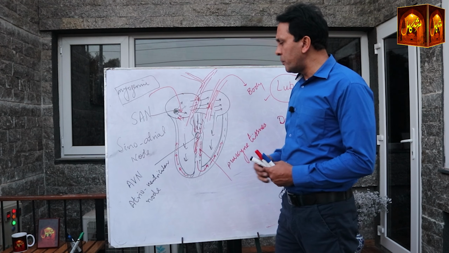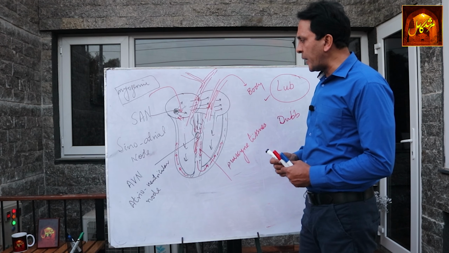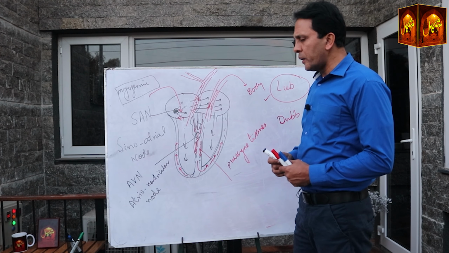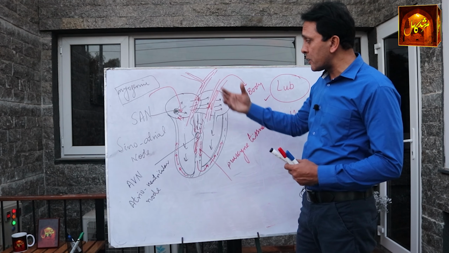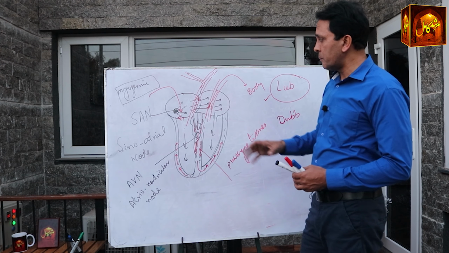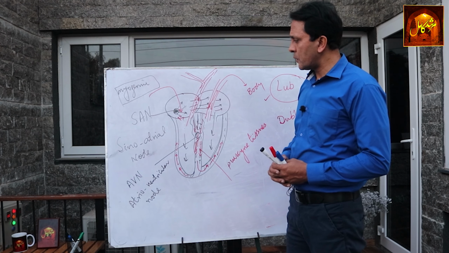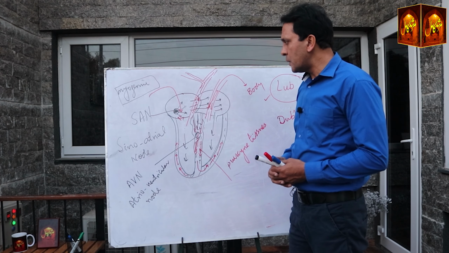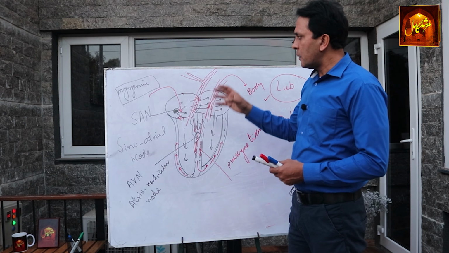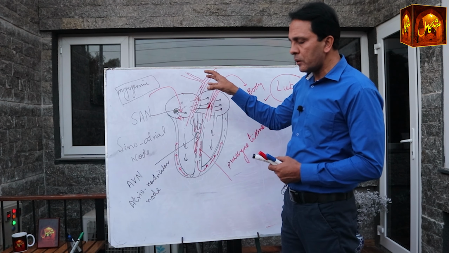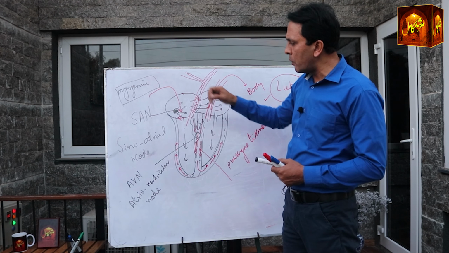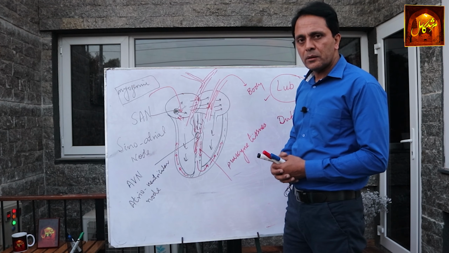Let's discuss another problem. Sometimes it may happen when a person receives an electric shock or the muscles of the atrium get weak. What happens at that time? Sometimes the messages of your nervous system get involved in the heartbeat.